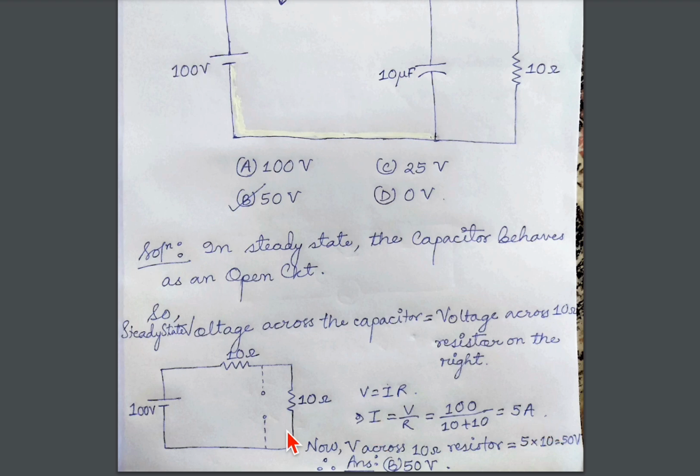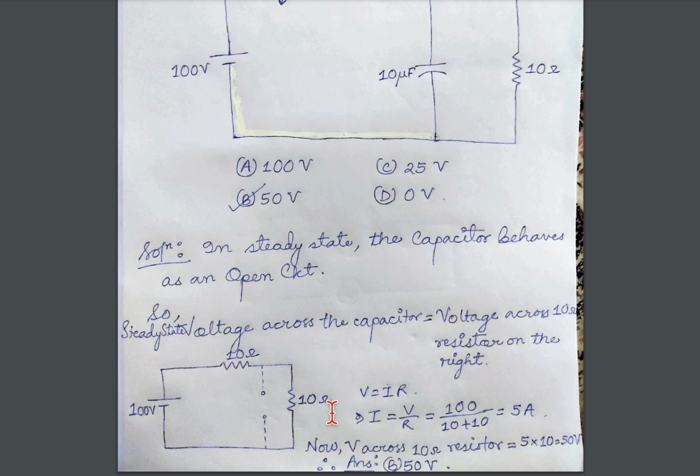Now see, this current equal to 5 ampere is across what? It is across this series combination of resistors. In a series combination, the current stays constant. So both the 10 ohm resistances will have the same current flowing through them, and that is 5 ampere.